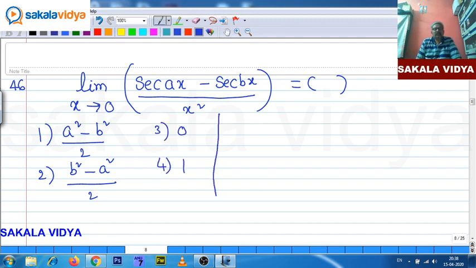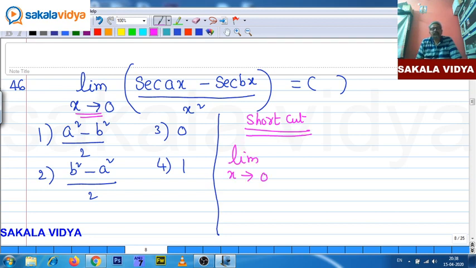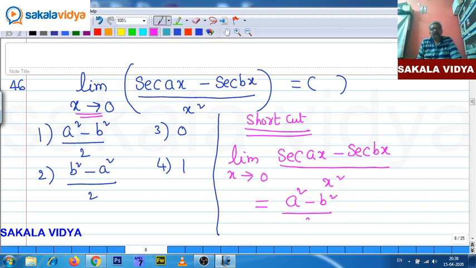So this is the shortcut, that's all you need to remember. Limit x tends to 0, secant ax minus secant bx by x square. You remember this shortcut, or tip you can say: it equals a square minus b square upon 2.